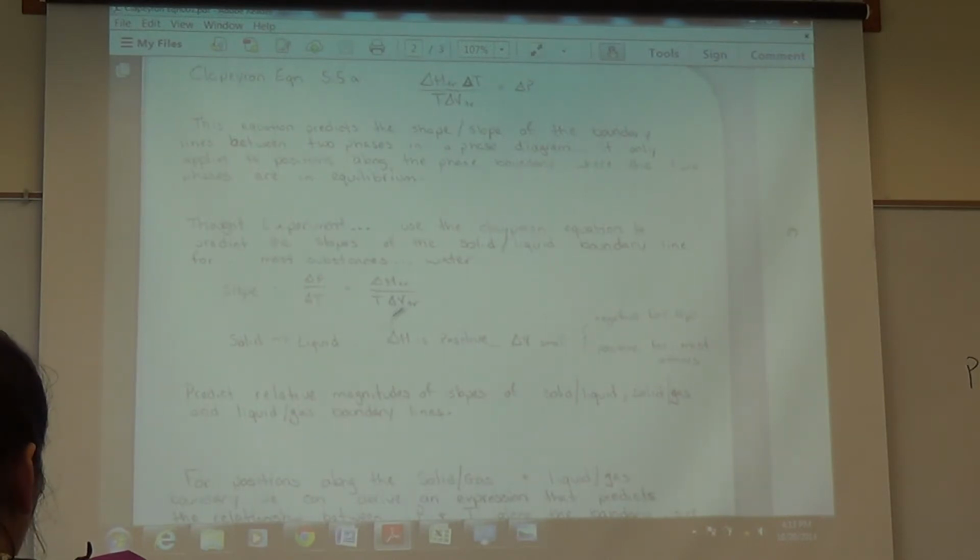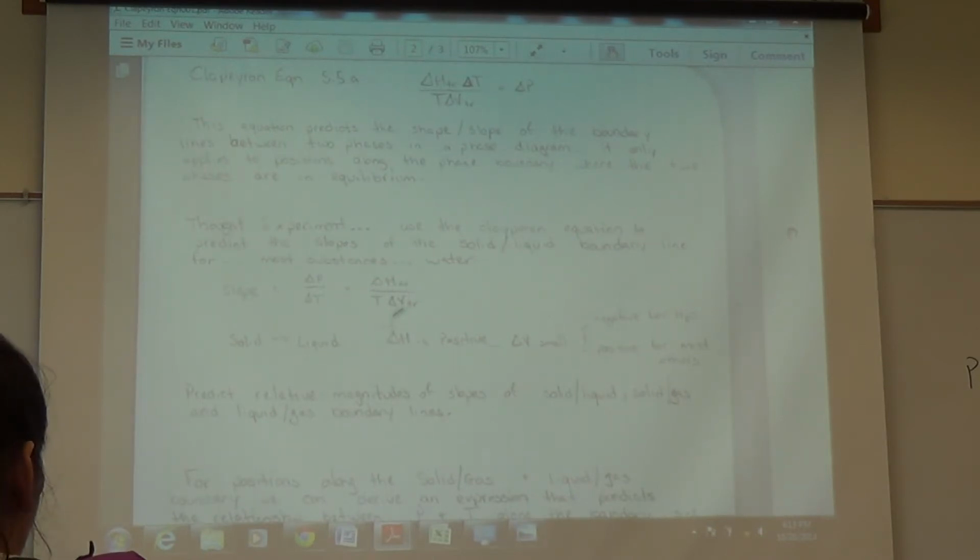What about delta V? What's delta V of fusion for most substances? Does the volume get larger or smaller as you go from solid to liquid? It's negative for water.